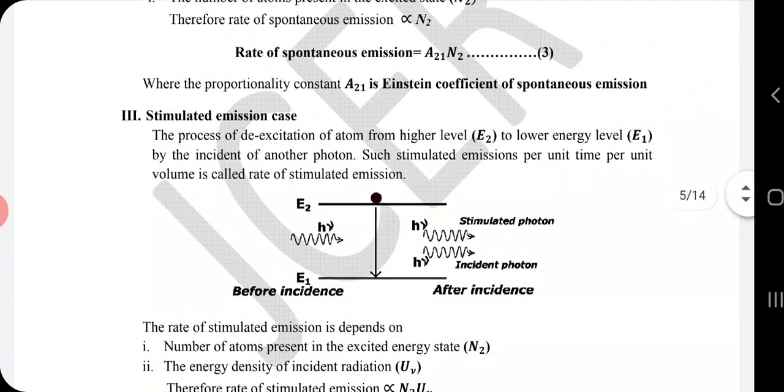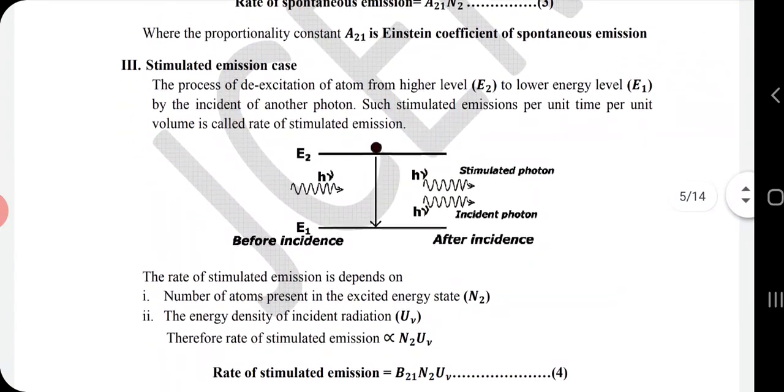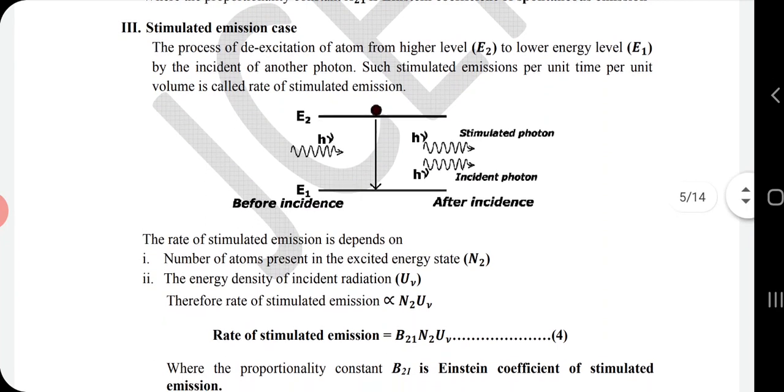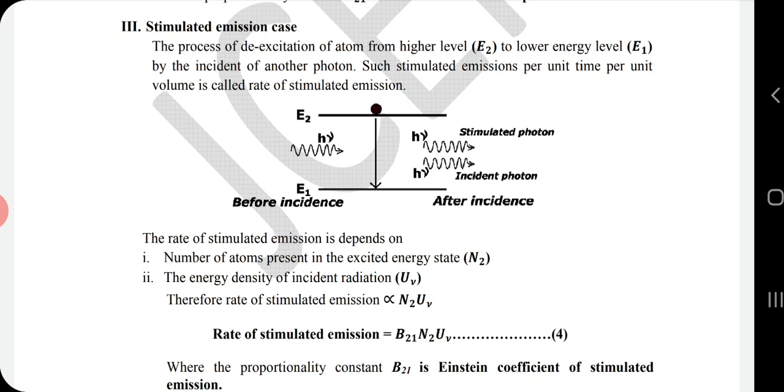Now stimulation depends on two things again. So what are those two things? The number of atoms in E2, that is the population of E2, n2. Okay, the number of atoms present in the excited energy state, that is n2.